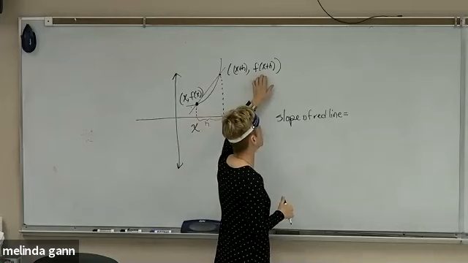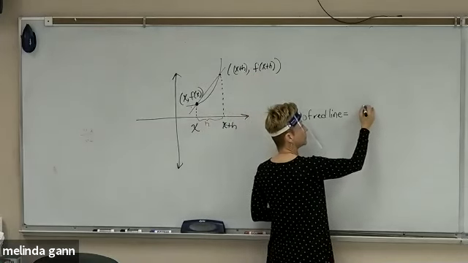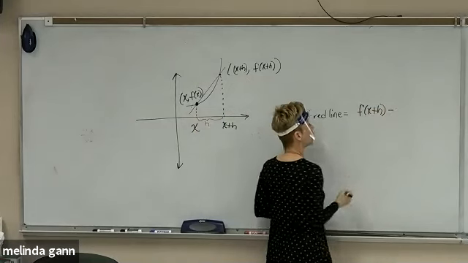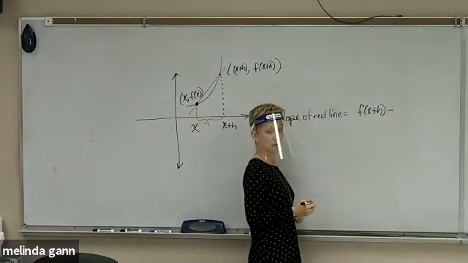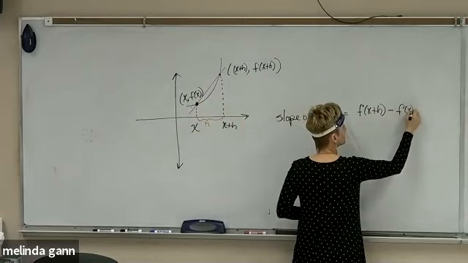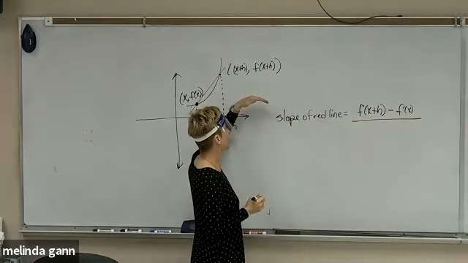All right, so look at your points. What's your Y2 in this one? What's my second Y value? F of X plus H. Minus, what's my Y1? It would be what? F of X. Over. All right, what's my X2? What's my second X?